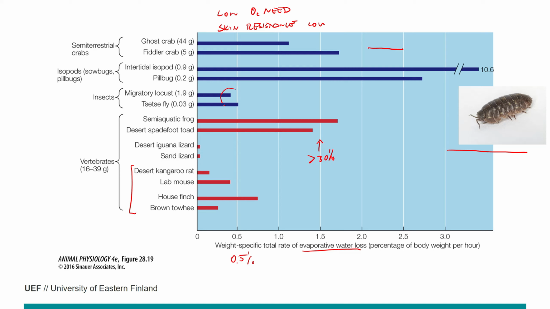And if you are losing, for example, 10% of your body weight within 1 hour, okay, if we multiply this with 24, that means that you are losing over 2 times your body weight within 1 day of water. And therefore, we might have seen quite often these isopods, but these are underground.